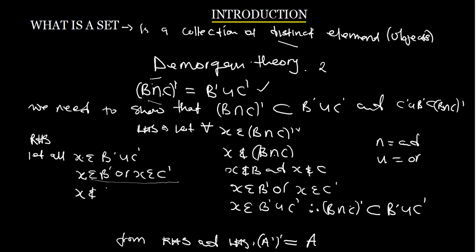x is not a member of B, and x is not a member of C, like that. So meaning that x is not a member of B intersection C, they are all not a member. I'll put the bracket.